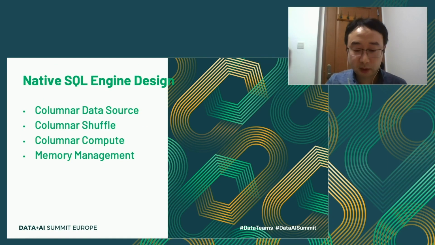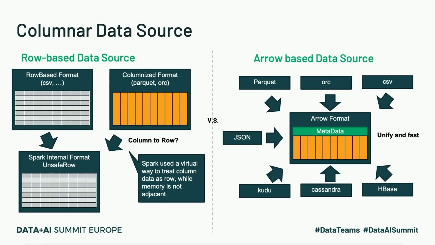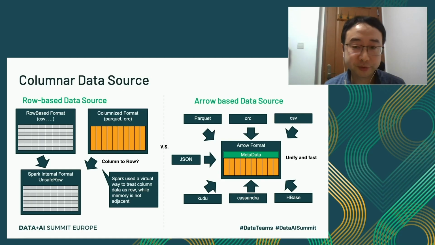The first one, I will introduce the data source. The left picture is for today's Spark. Although Spark has a vectorized parquet reader, it still computes based on its internal row format. So eventually, Spark will need a column-to-row conversion between those operators.